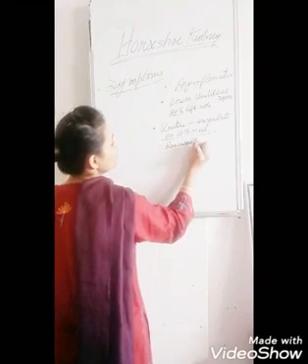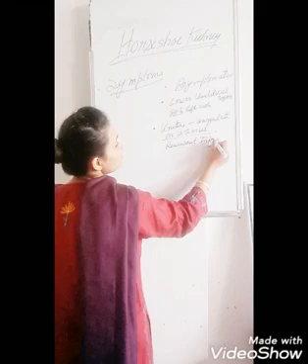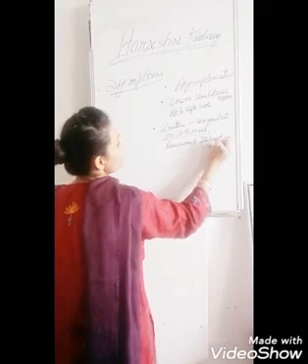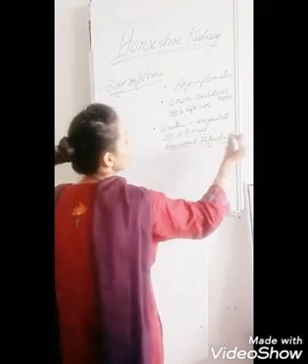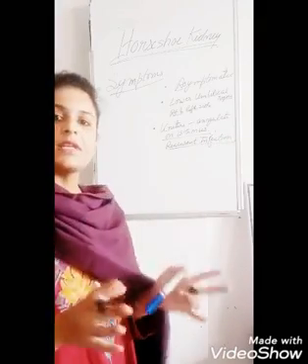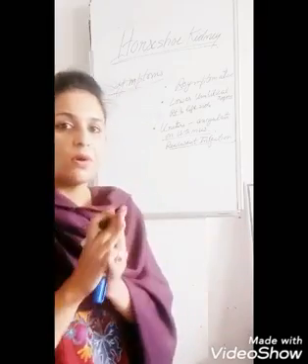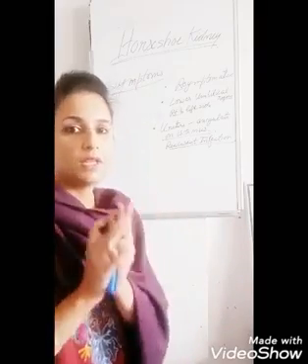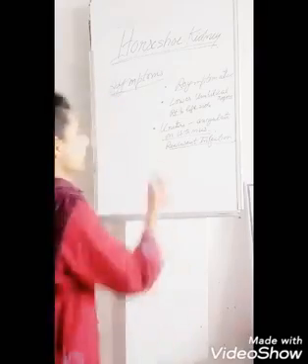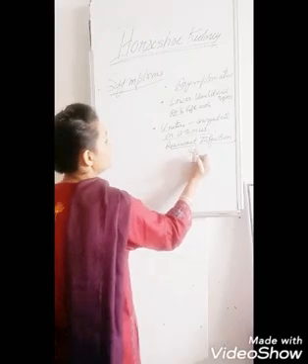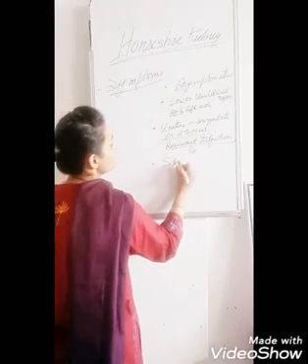Because of the stasis of urine, there is an obstruction to the flow of the urine, and that will result in recurrent infections, and the recurrent infections will later on result in stone formation.